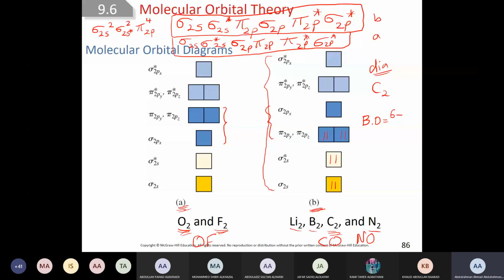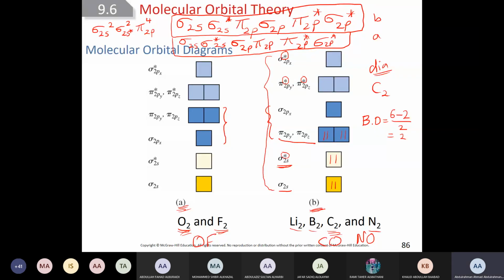This is bonding, but this one is anti-bonding. When you see the star, it means anti-bonding. So it's 6 minus 2, divided by 2, which is equal to what? 2. Excellent. Very good. Let's do it for something else.